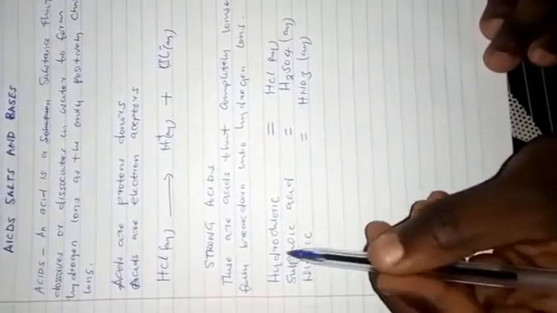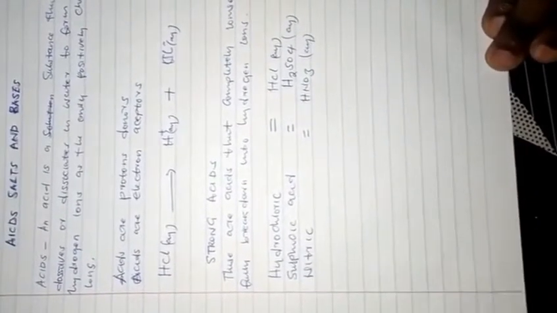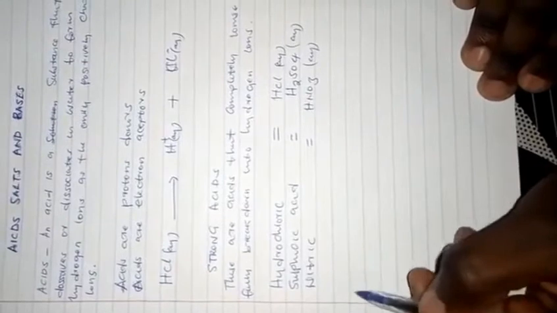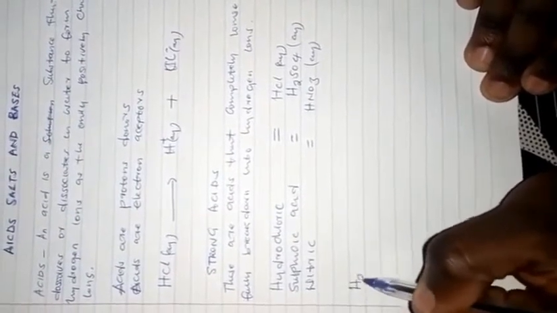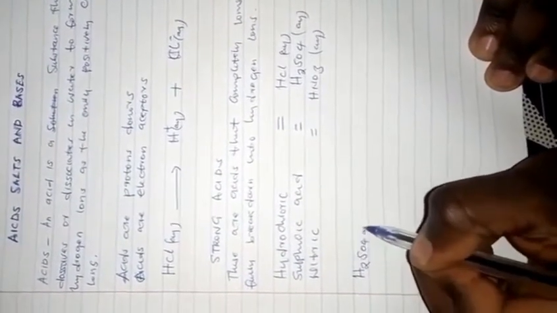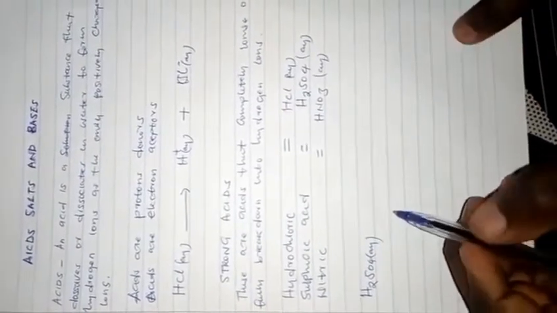I'll briefly show you how you can show the ionization of an acid. I'm going to pick sulfuric acid, which is noted by the chemical formula H2SO4 aqueous.